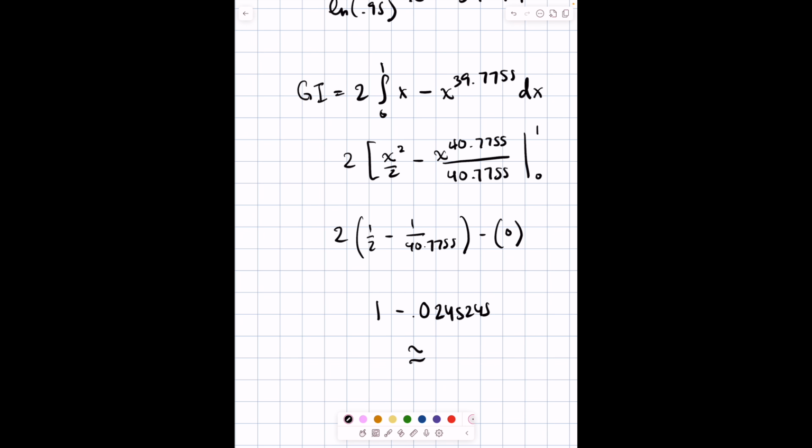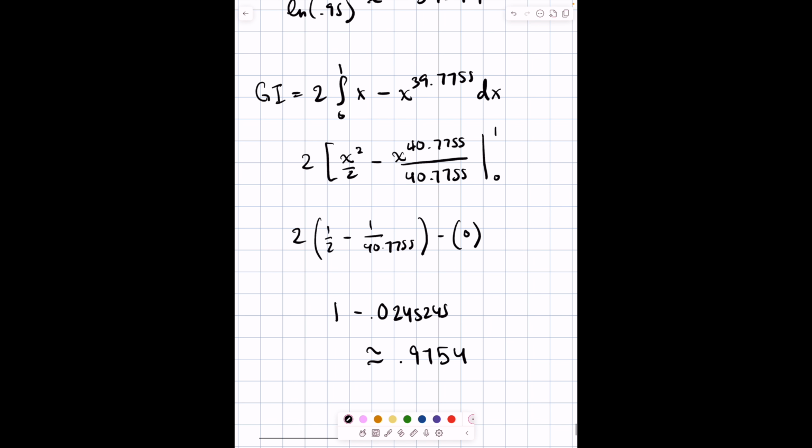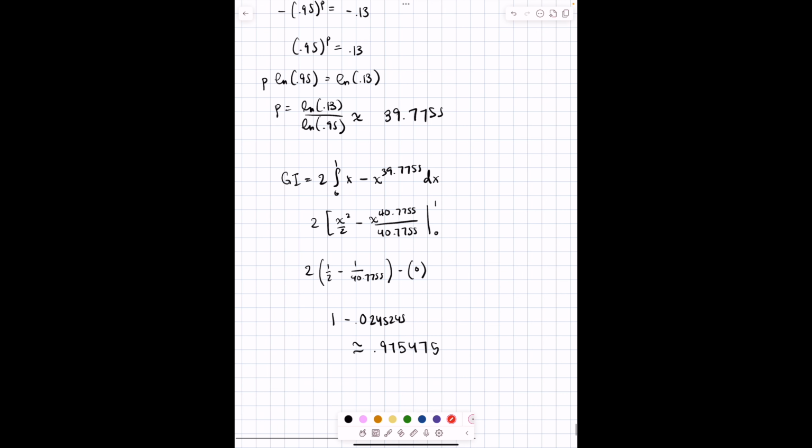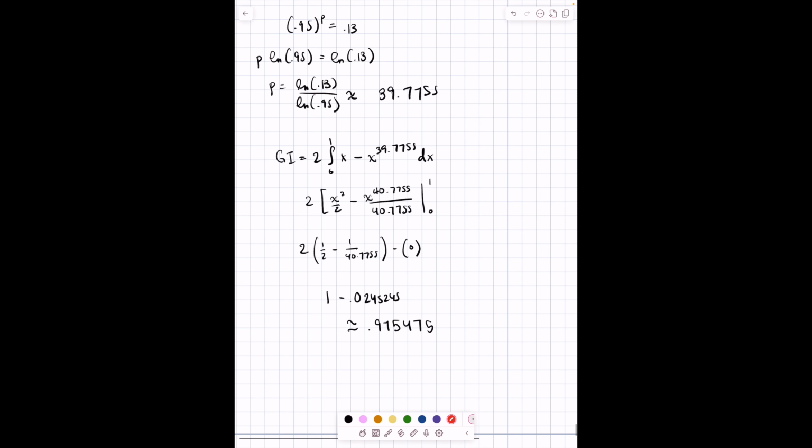So 1 minus that is 0.97547. And this is a pretty bad Gini index, because a good Gini index would be 0 and a bad Gini index would be 1. And this is pretty close to 1.